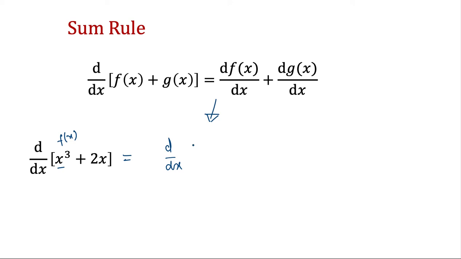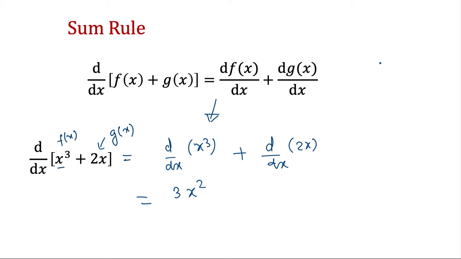So f(x) is x cube, so we write x cube here, and then dy/dx of g(x) is this term, 2x. And now we know dy/dx of x cube is 3x square, using the formula that we had seen in the previous video, which is also called the power rule. I forgot to add the name here in the last video.